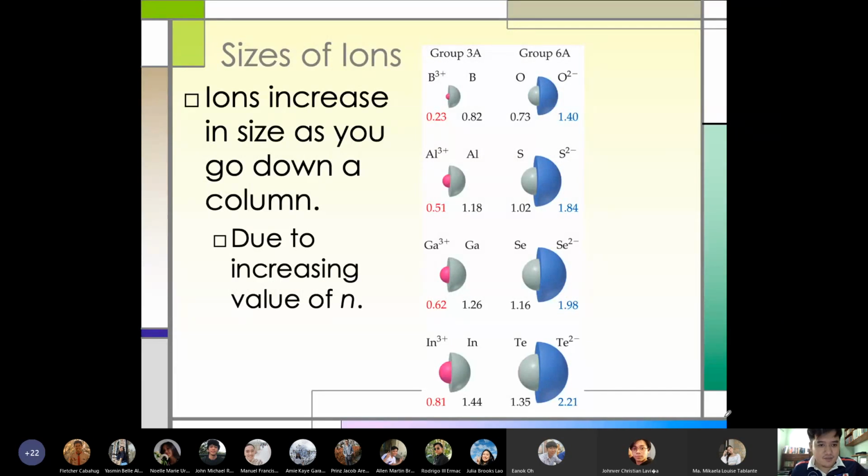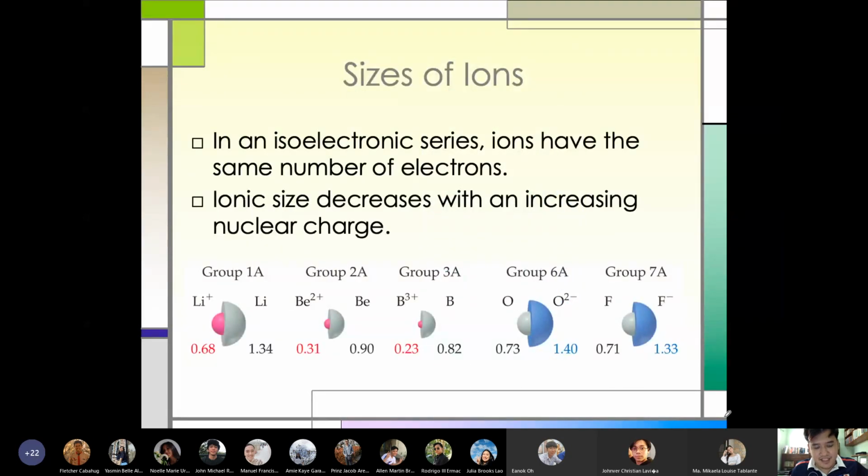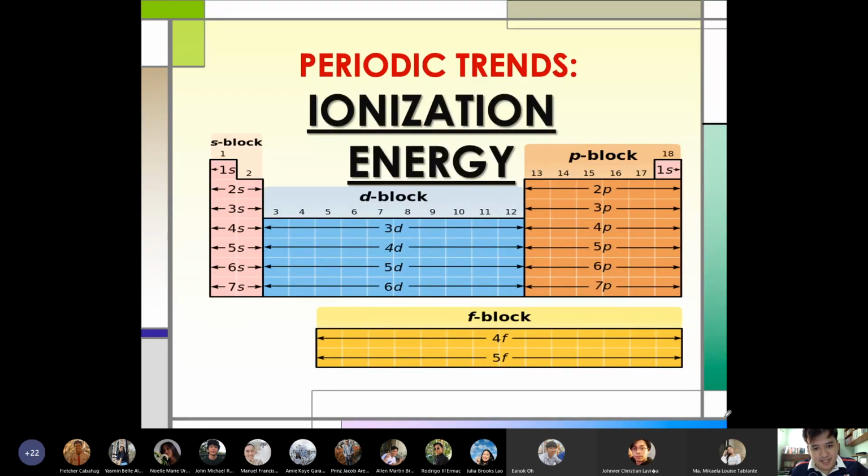We will now discuss the trend, but anyways, it will be clearer in the video. So the next few discussions are on ionization energy, electron affinity, and electronegativity.